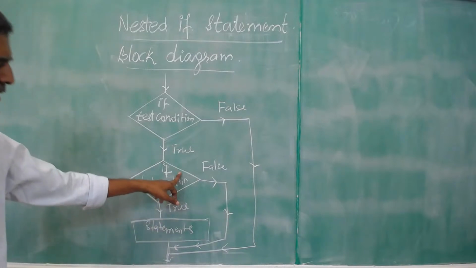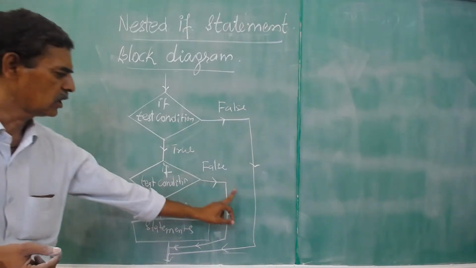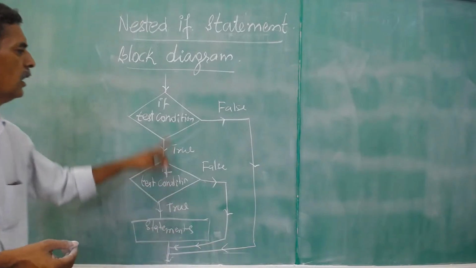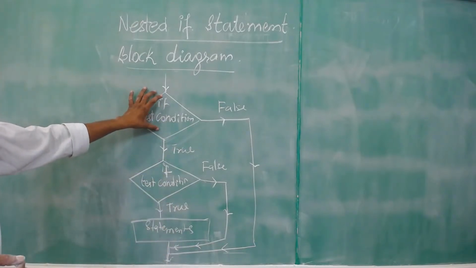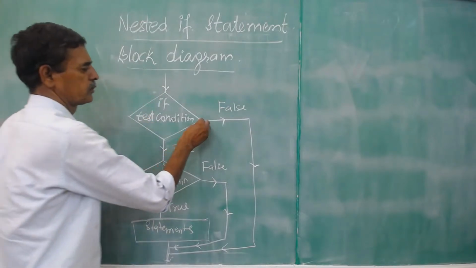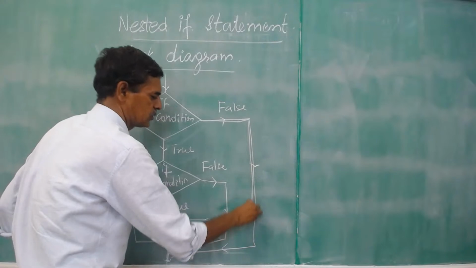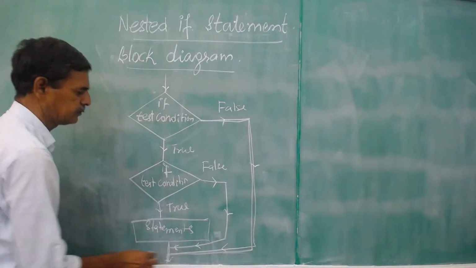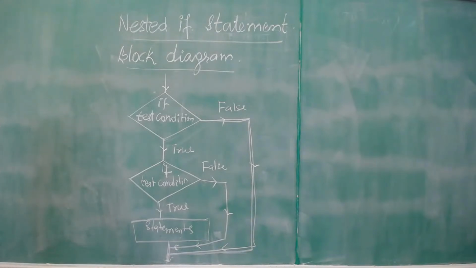If this test condition is false, it goes out here to the next statement. If the test condition is false in the beginning itself, the control goes directly out of the if block to the next statement. So this is the nested if statement. Is it clear?